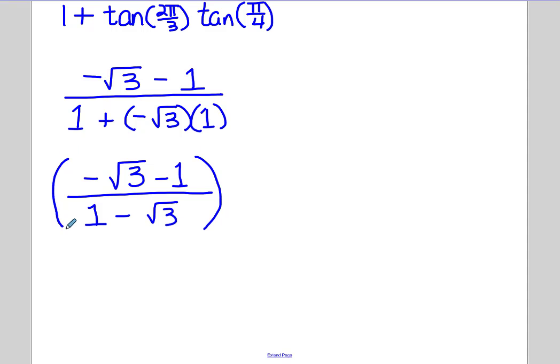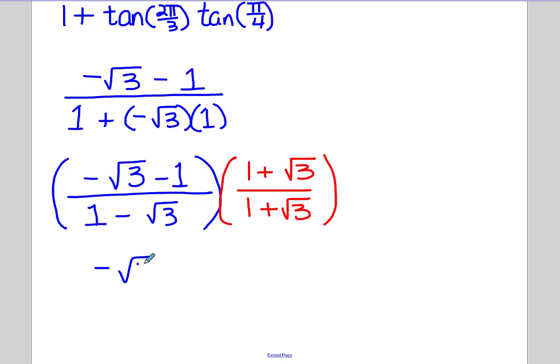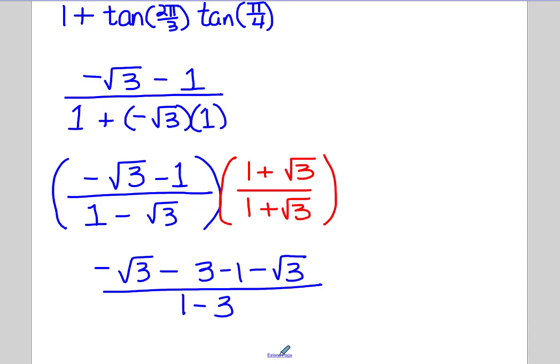So normally we would want to rationalize the denominator by using the conjugate of the denominator, which is 1 plus radical 3. And then using distributive property, we're going to get negative radical 3 and negative 3, and then negative 1, and then negative radical 3 again. In the denominator, we've got the difference of 2 squares, so that's going to be 1 minus 3.